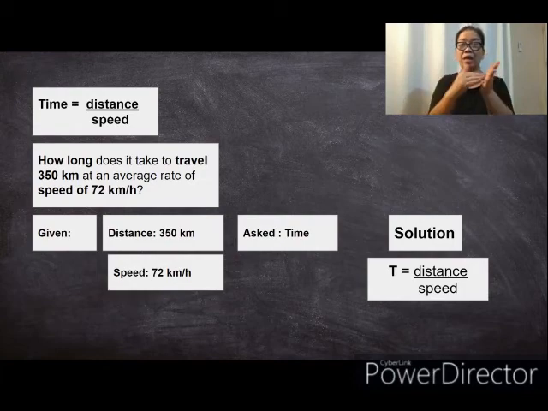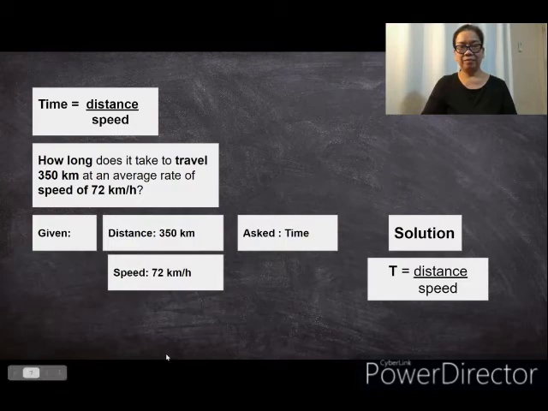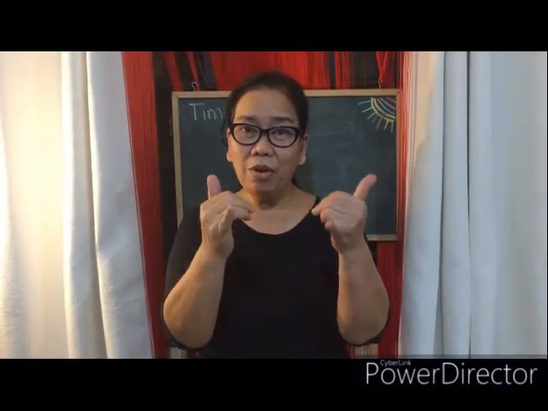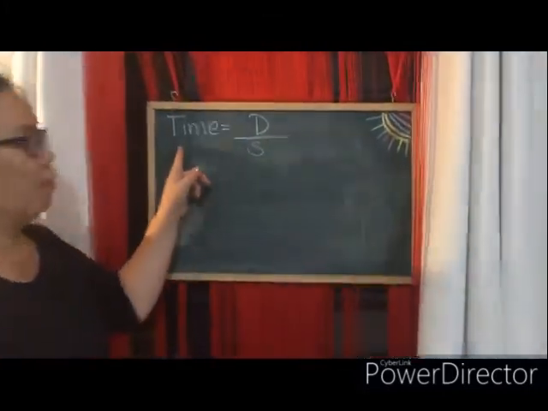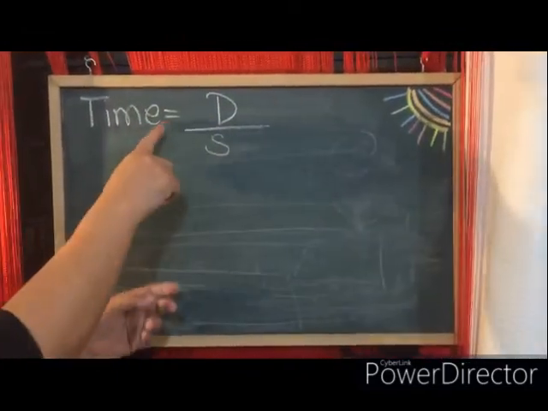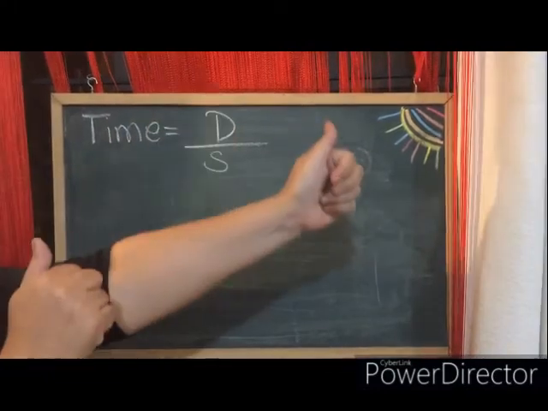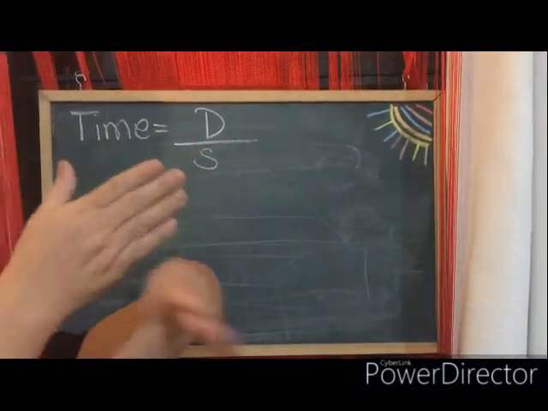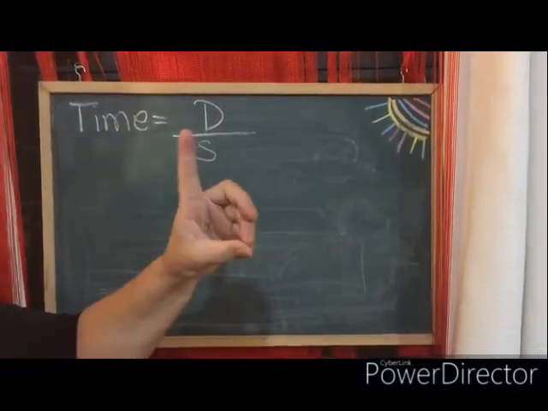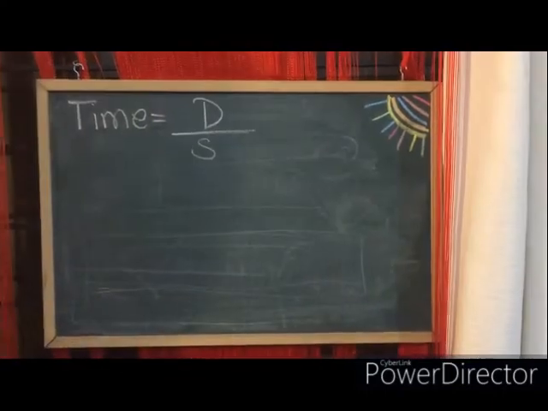Okay? Again, please do pay attention. Okay, now we'll find out about the time. Listen, okay? Now, time equals D for distance over the speed. How?